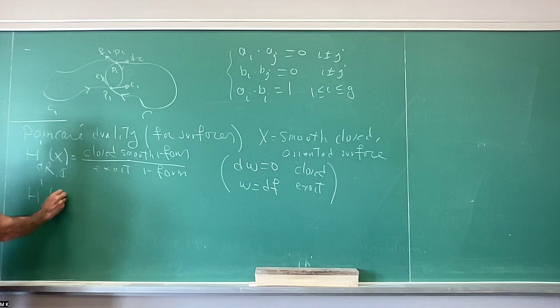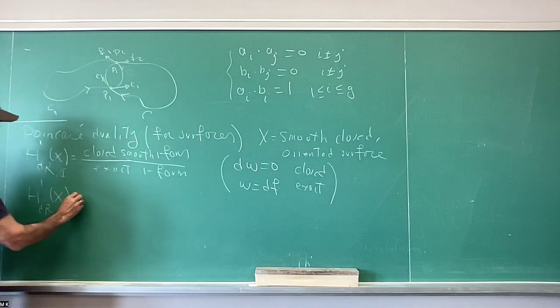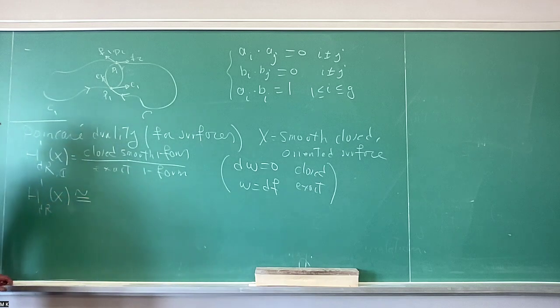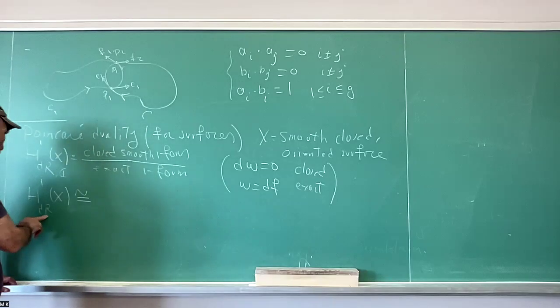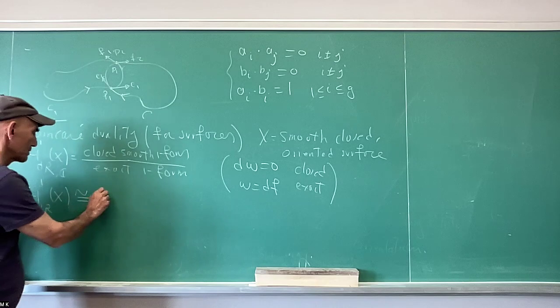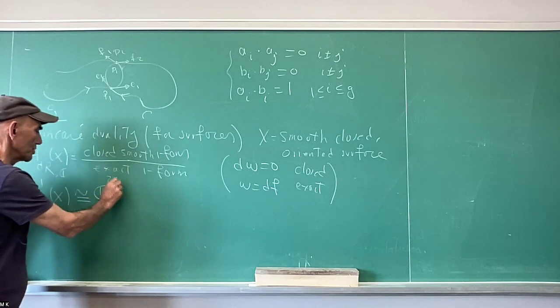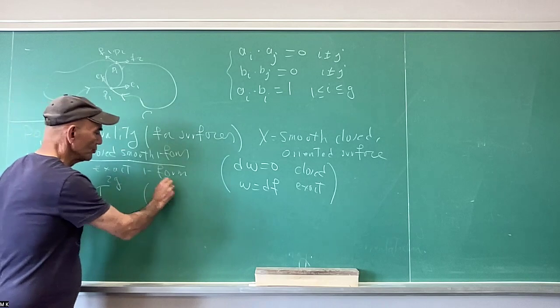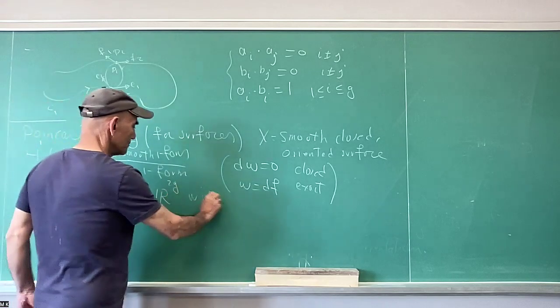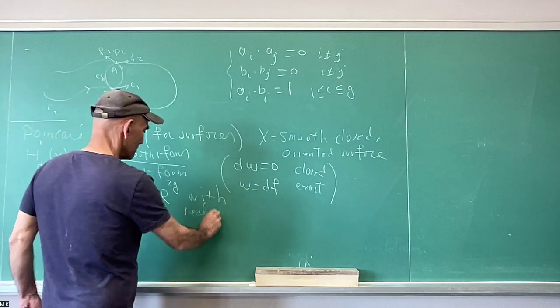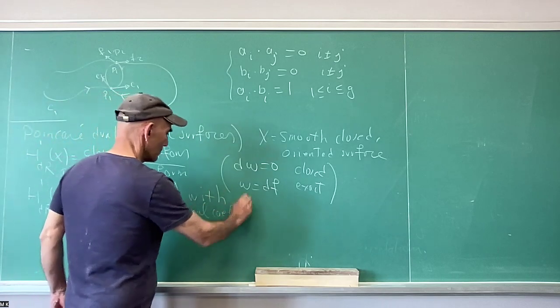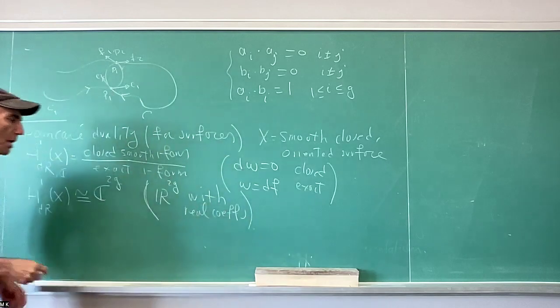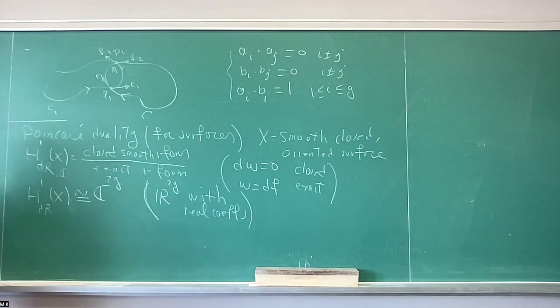And in this case, computation shows H1 de Rham of X is isomorphic to, because I'm working with complex coefficients, C to the power 2g, versus R to the power 2g with real coefficients. Usually when you are first introduced, people work with real coefficients, but I need it now for complex coefficients, so that's okay.